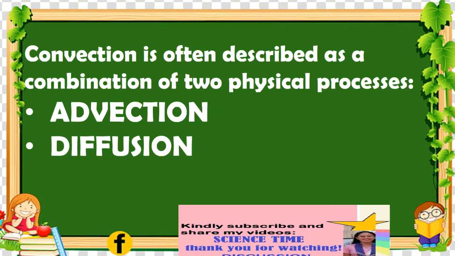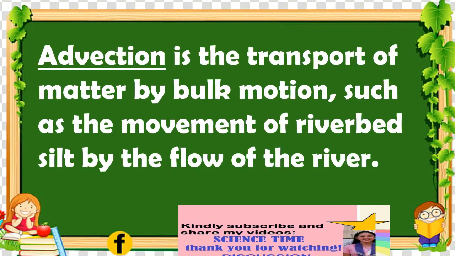Convection is often described as a combination of two physical processes, advection and diffusion. Advection is a transport of matter by bulk motion, as the movement of riverbed silt by the flow of the river.